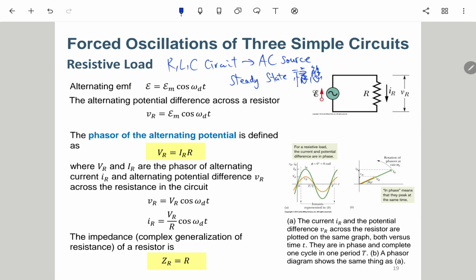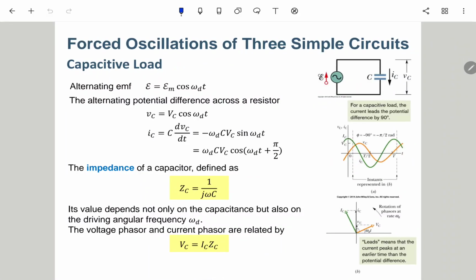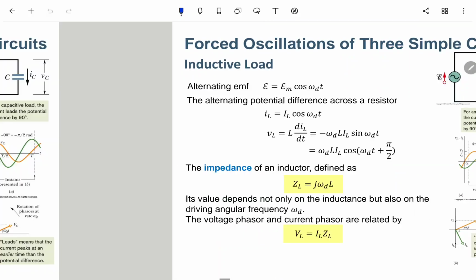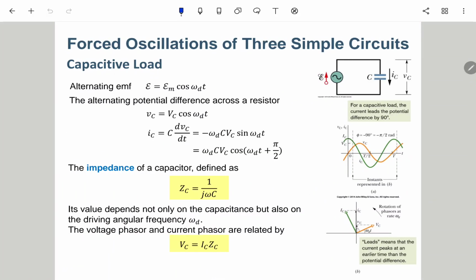write an ODE. Of course, for a single resistor circuit, it is not a differential equation. It is nothing but V equals IR. So it is the easy case. But if we have a capacitor or inductor, then we will have a differential equation.